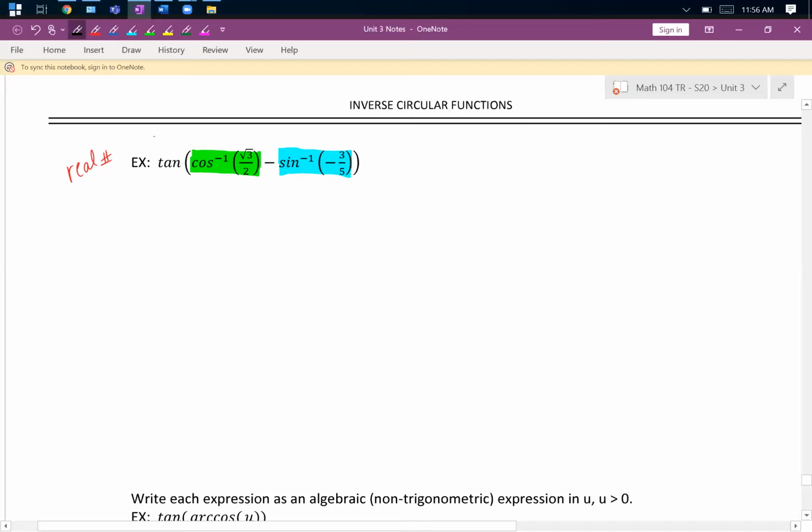So this is like having tangent of alpha minus beta, where alpha is equal to cosine inverse of square root of 3 over 2, and beta is sine inverse of negative 3 over 5. So we're going to have to use a tangent difference formula.